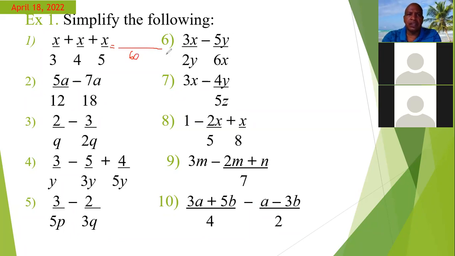Now, if you want to be sure of your LCM, you can use what we call a table of prime factors. Let me give you a quick idea how to do that.